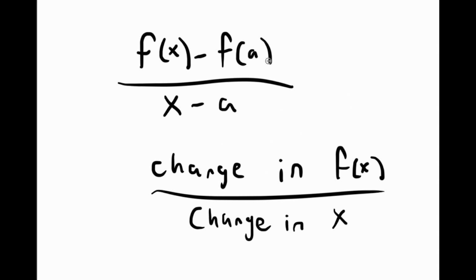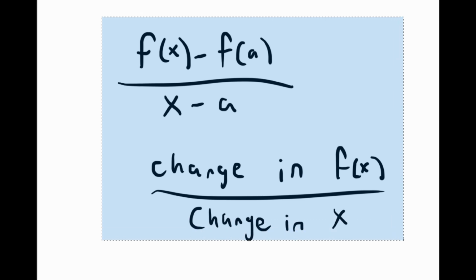And this will help us to find the instantaneous rate of change, or how fast f of x is changing at x equals a. So let's take a look at a practice problem.